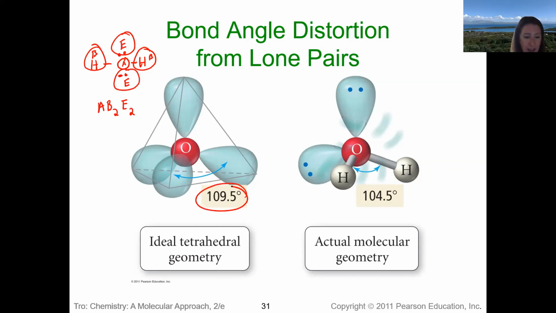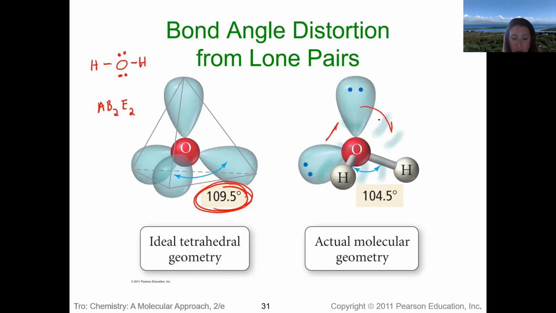But again, even though we drew the structure like this, people draw this and they're like, oh, it's linear. Well, just because you drew it linear doesn't mean it is linear, right? It actually is a tetrahedral shape, that music stand shape. But instead of the bond angle being 109.5, now we've got 2 lone pairs that are even pushing further, and these lone pairs are like, we don't want to be by each other either.